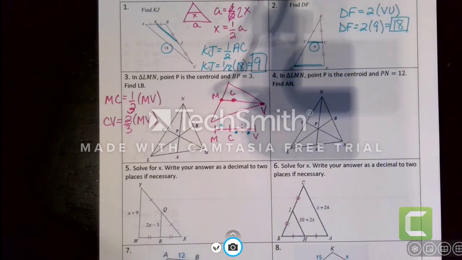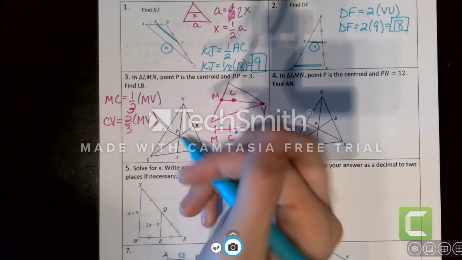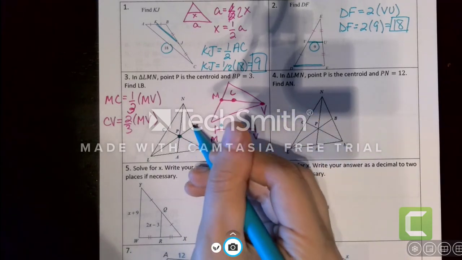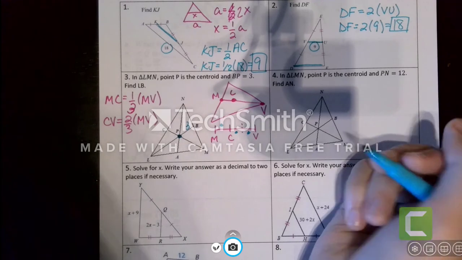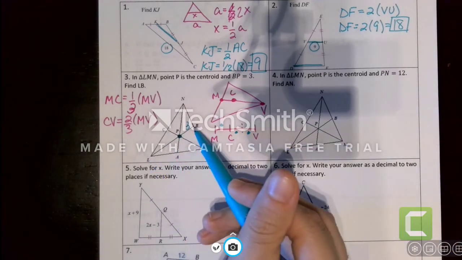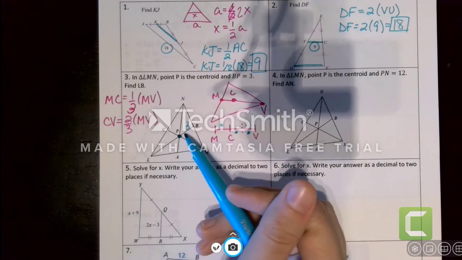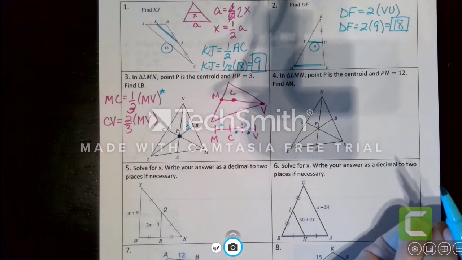So for number 3, we're told that in triangle LMN, point P right here is our centroid, and that from B to P, the measurement is 3. Now we have to find the full length of LB. Since we're given the 1/3 length, that means we're going to be looking at our first equation.